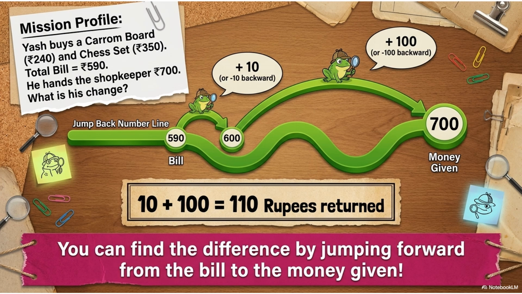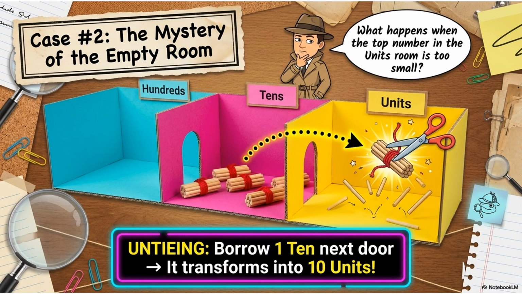For example, he gave 700 rupees. His bill was 590. So you can jump up to 600 and then 100 rupees he'll get back. That's a rough calculation. But you can also find out by subtracting. So you take 350 and subtract 240 from that number. So you get 110 rupees returned.